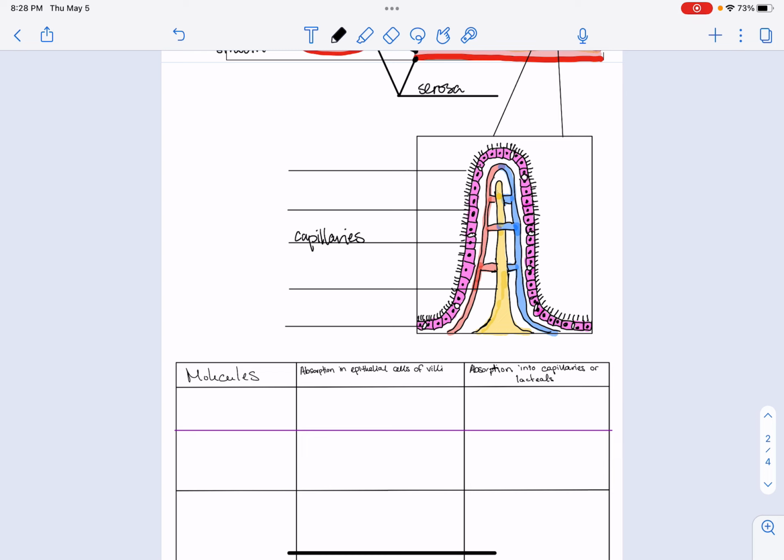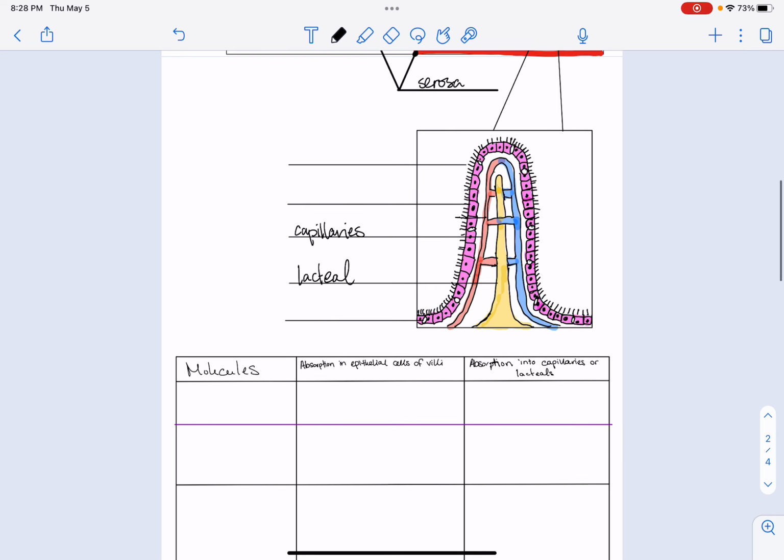Most of the molecules are going to be absorbed into the villi and then into the capillaries, with the one exception being the lipids. The lipids get absorbed into the lacteal. Or I should say these are the fatty acids absorbed.